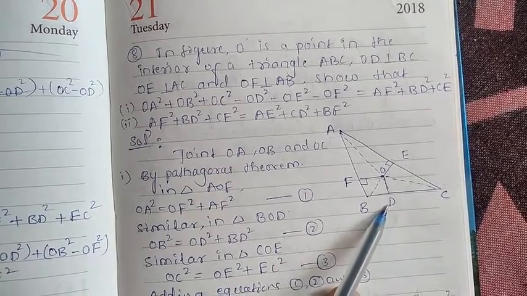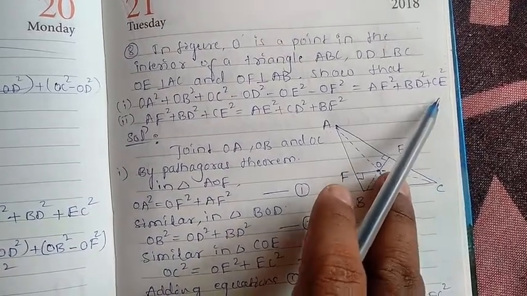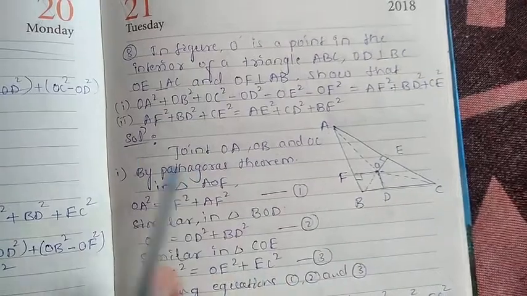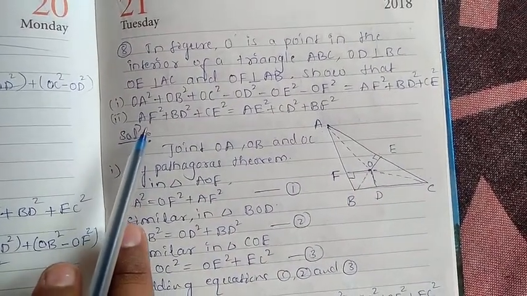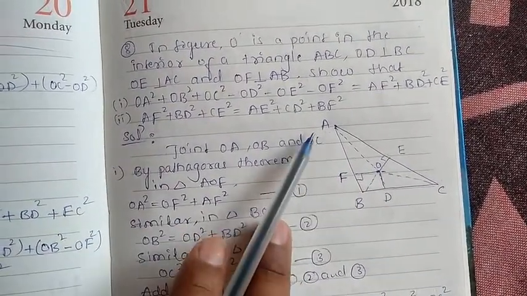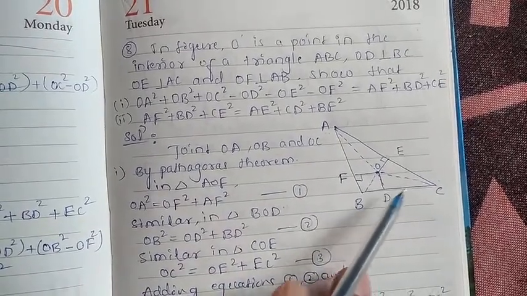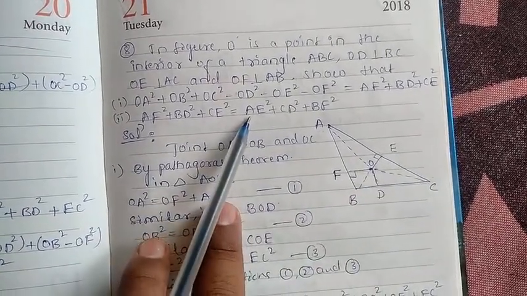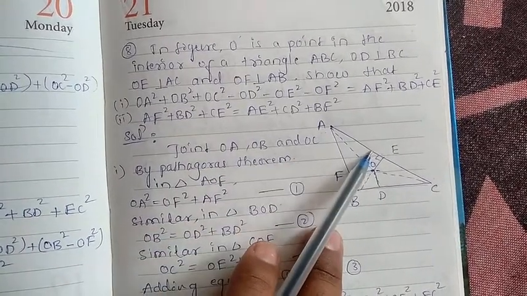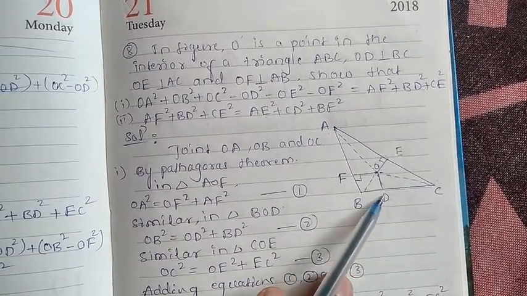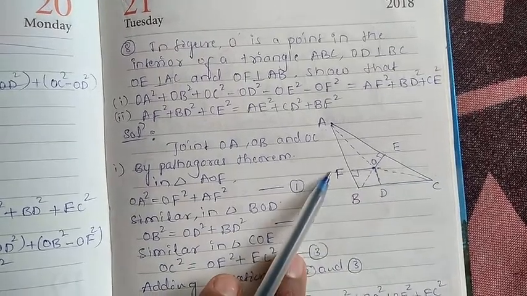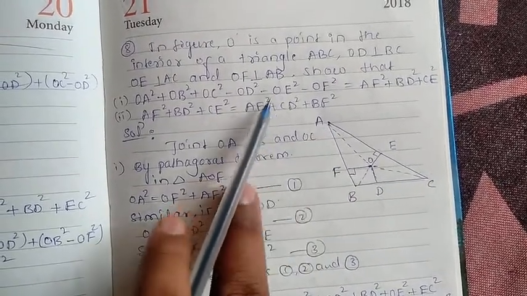This first one you have to prove, and the second one: AF square plus BD square plus CE square is equal to AE square plus CD square plus BF square. First and second, two questions are there. See how to prove, children, one by one.